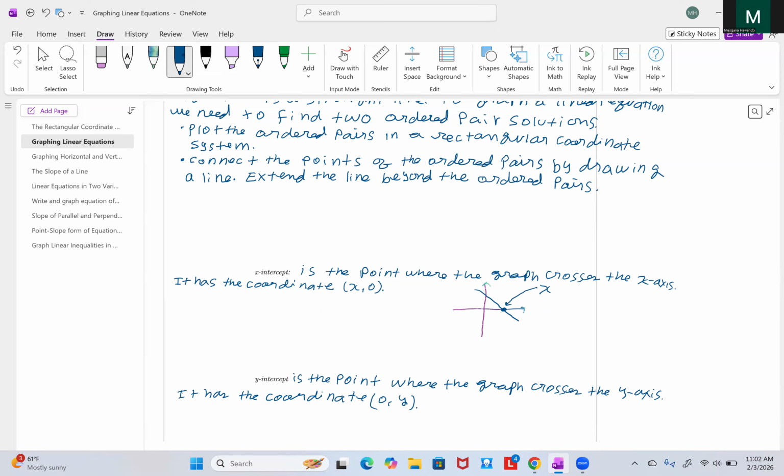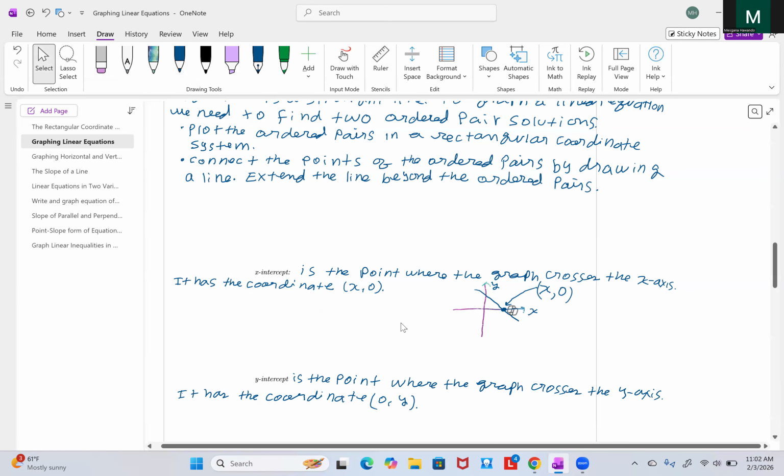It could be a positive number or a negative number. And the y-coordinate is 0. The y-coordinate on the x-axis is always 0. The x-coordinate on the y-axis is 0. So the x-intercept is the point where the graph of the linear equation crosses the x-axis, and it has the coordinates (x, 0).